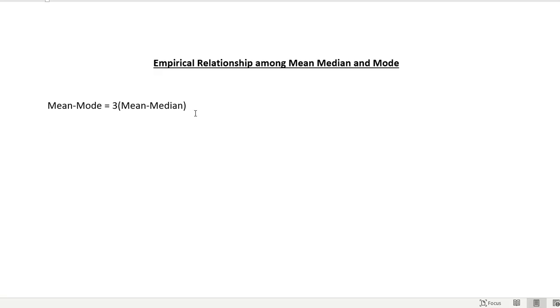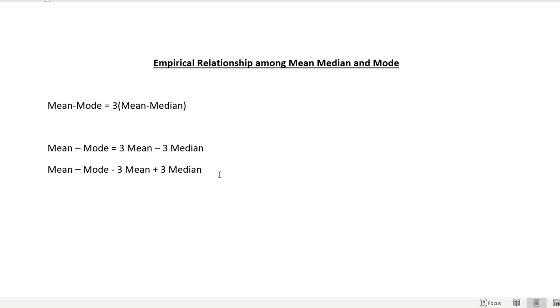The other thing is that we can further simplify it. This is mean minus mode equal to 3 into mean minus 3 into median. Now see, I can also write the same thing. I can remove this minus and move it to the left side, so this will become minus 3 mean and this will become plus 3 median.